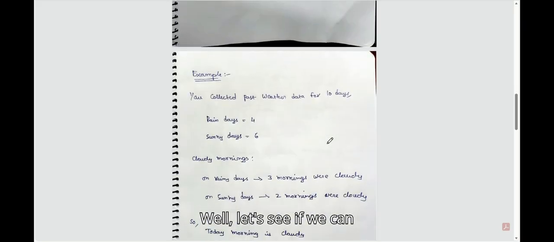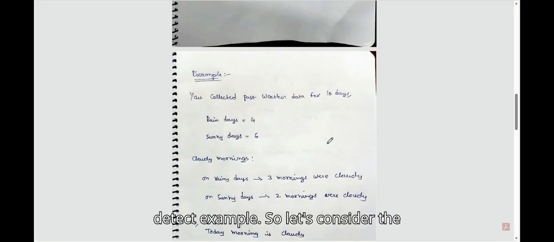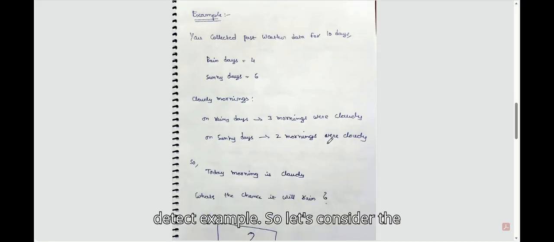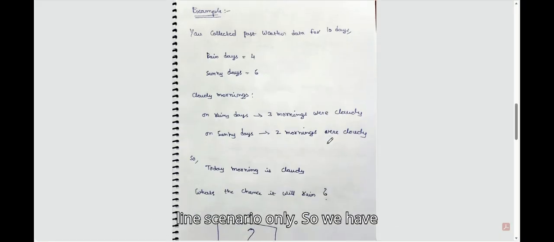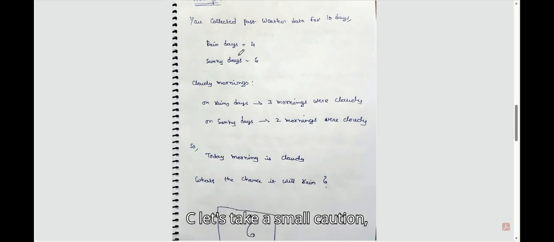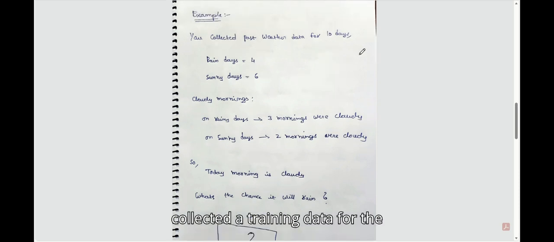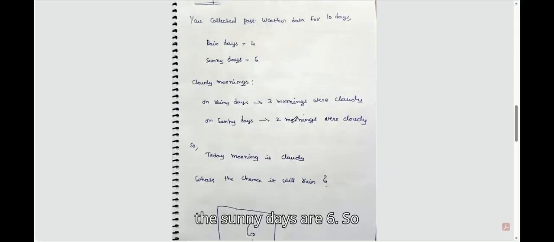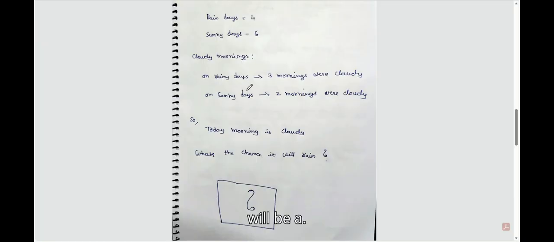Well, let's see it with a detailed example. Let's consider the rain scenario only. Let's take a small question. We have collected raining data for 10 days. The raining days are 4 and the sunny days are 6.